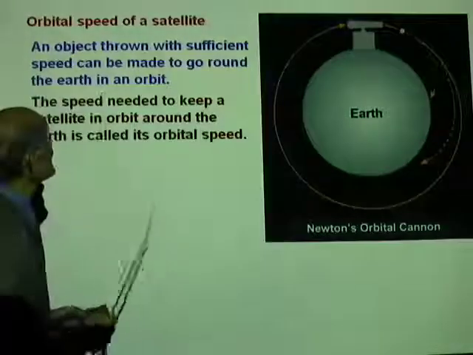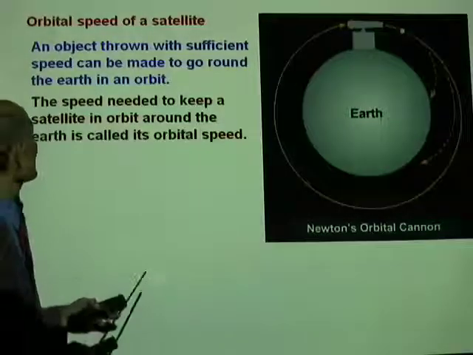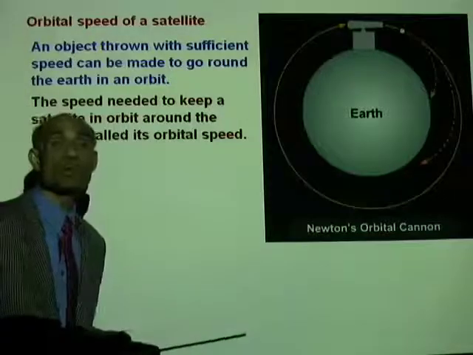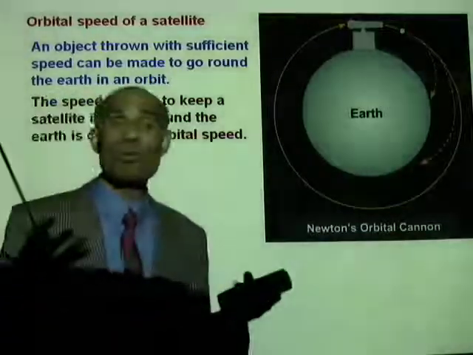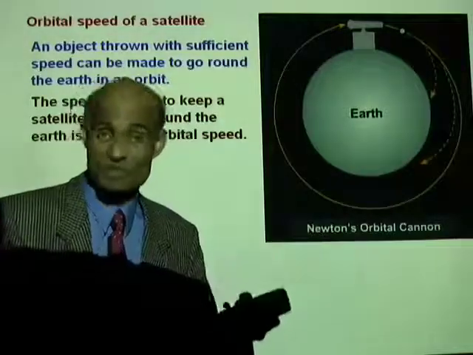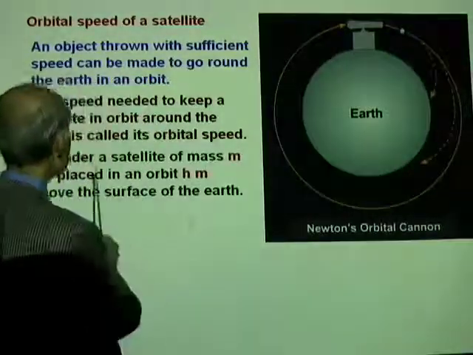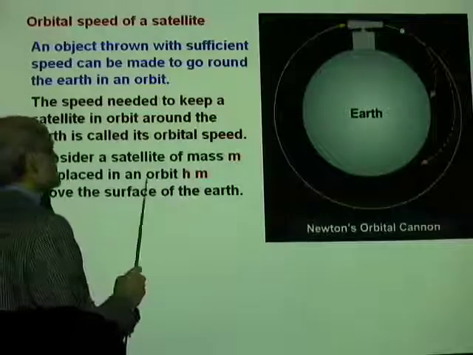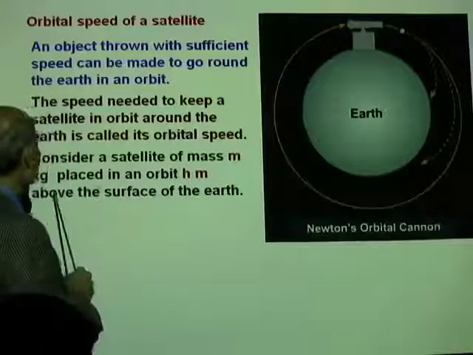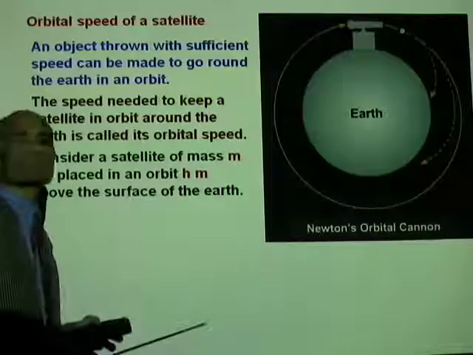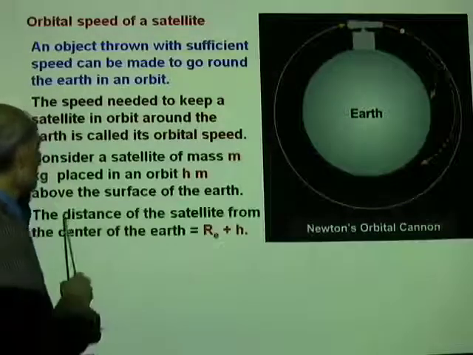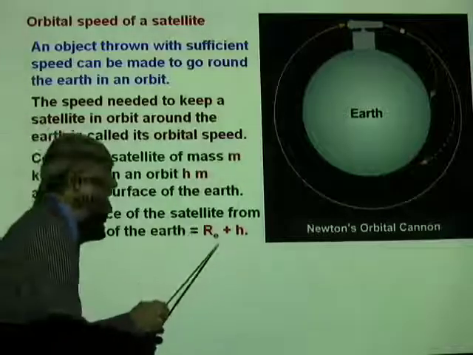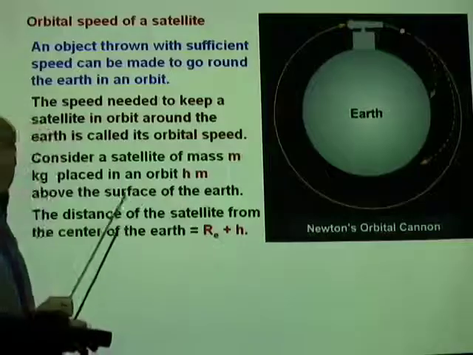So the speed needed to keep a satellite in orbit around the Earth is called its orbital speed. And you know how important these concepts are for space travel. Now consider a satellite of mass m placed in an orbit h meters above the surface of the Earth. The distance of the satellite from the center of the Earth will be the radius of the Earth plus h. That's no problem there.